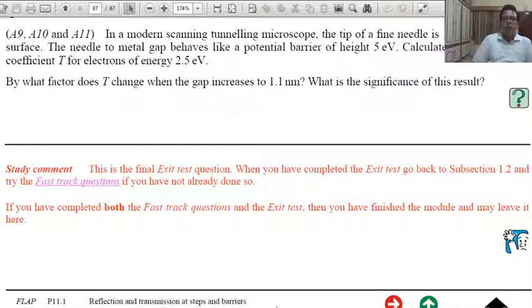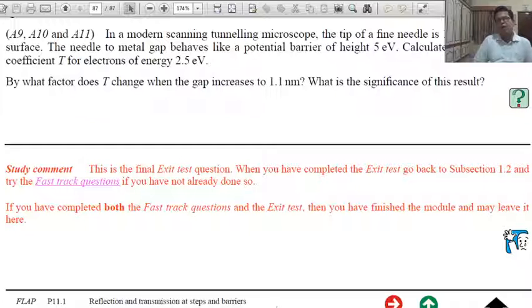So tomorrow or in the next lecture, we will go through an article where expressions are given for the barrier also, because the potential step is given fully in this article, but the rectangular potential barrier is not explained mathematically.